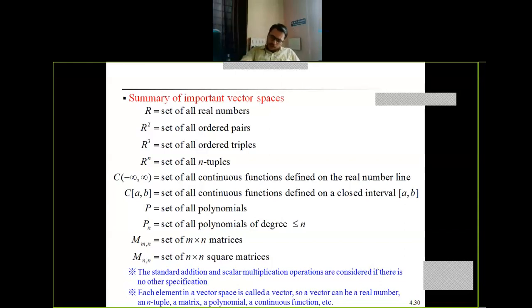But if they are not satisfied, then you will say this is not a vector space. Okay, as simple as this. And if how to perform those operations is not given, then we'll consider the standard operations. The next is each element in a vector space, obviously we know this. A vector can be a real number, an n-tuple, a matrix, a polynomial, or a continuous function. Till now we have seen such examples of vector spaces.